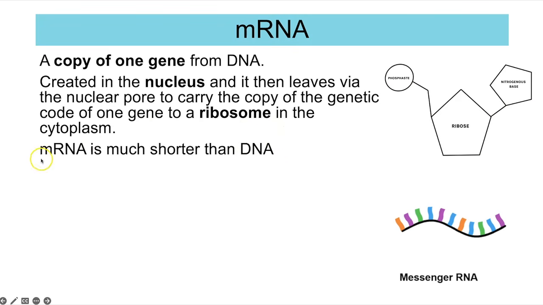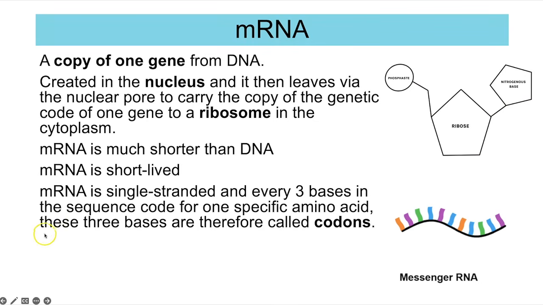So instead, when the genetic code is required to make a protein, we make an mRNA copy of one gene. That can leave the nucleus because it's shorter. That can be used to create the protein. And if the mRNA breaks down, which it will do, that doesn't matter because you just make another copy of it from your DNA. So it is short-lived because it is going from the nucleus into the cytoplasm, where it will get broken down after it's been used in protein synthesis.